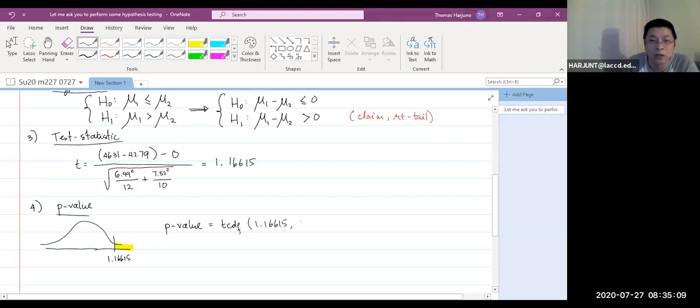Degree of freedom will be the smaller of the two. Oops, I'm sorry, I omitted one thing, E99. tcdf 1.16615, comma, E99, degrees of freedom 9, and get, oops, that's not big, huh?